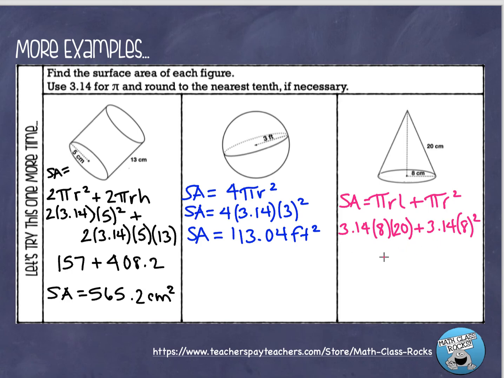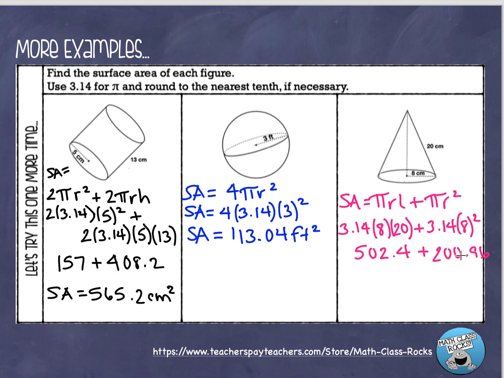Okay, let's multiply this first part. 3.14 times 8 times 20, and that gives us 502.4 plus, and then on the other side, we're going to do 3.14 times 8 squared, which we know is 64, and that's going to give us 200.96.